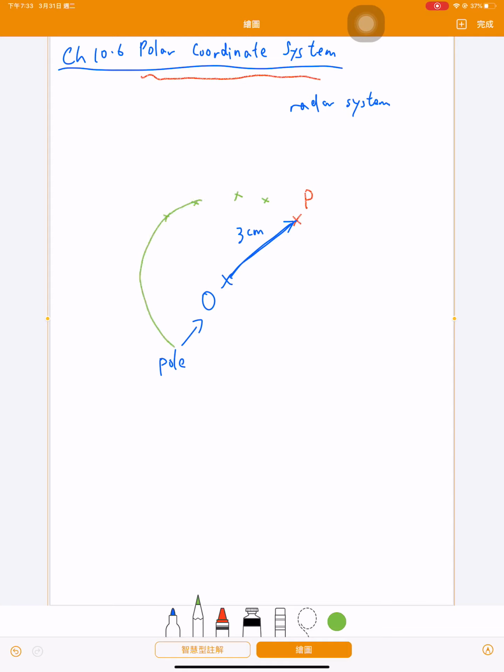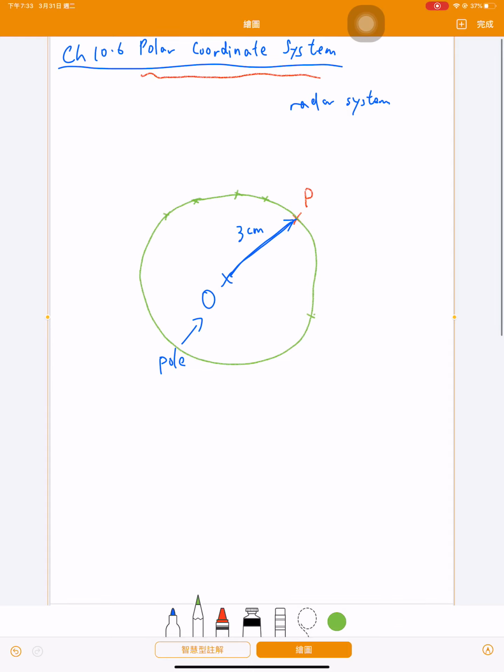In fact, the points altogether form a circle, such that all the points are 3 cm away from the point O, because all the radii in the circle have the same distance. So just telling the distance between the target and us cannot tell the position of the target. We need one more condition to ensure the target position. That is the angle.